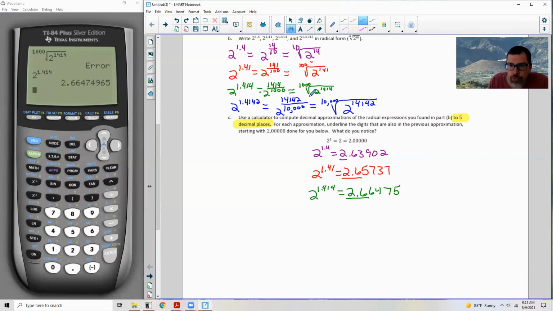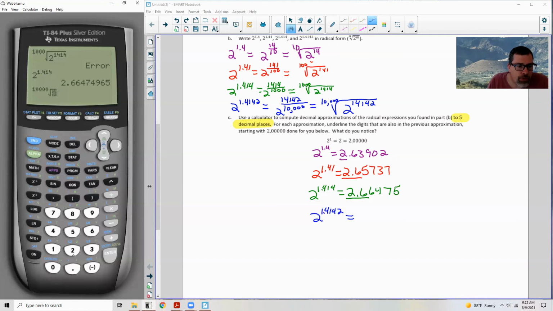And then finally, we're going to do 2 to the 1.414. And I'm going to try to enter this again. I'm really surprised it can't handle it in radical form, but it can handle it in exponential form. So I'm going to try it just one more time, just for kicks. So it's 10,000 math 5.